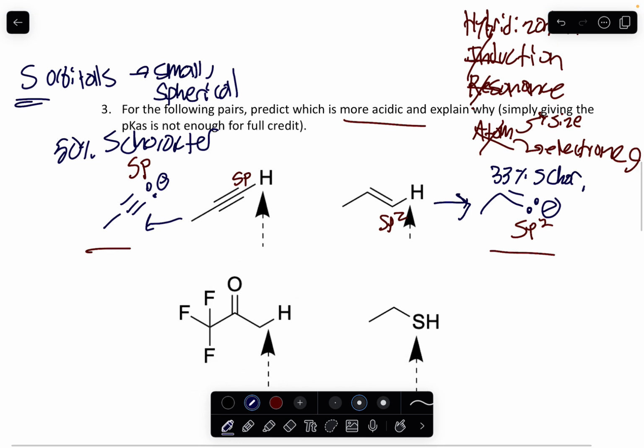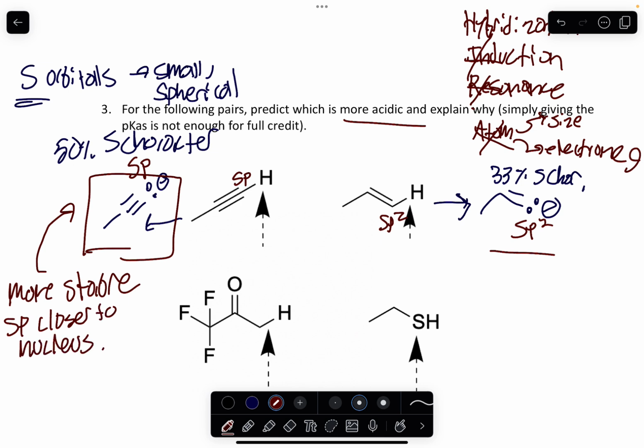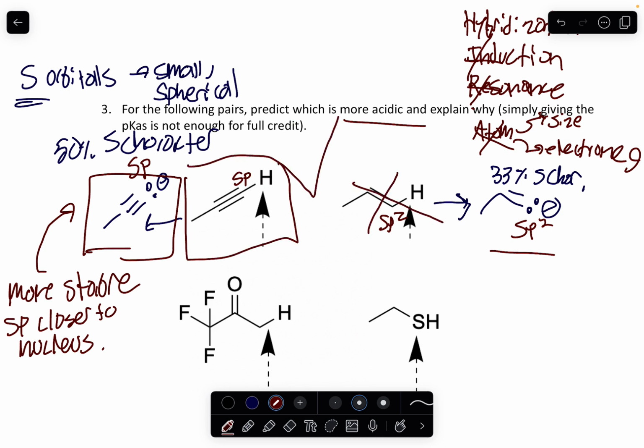And that means that here, I'll just go ahead and spoil the question, this is the more stable conjugate base. That's because the sp hybridized orbitals are closer to the nucleus, and negative charges like to be stabilized by that positively charged nucleus. If the left side is the more stable conjugate base, that means this species must be more willing to give up its proton compared to the species over here.